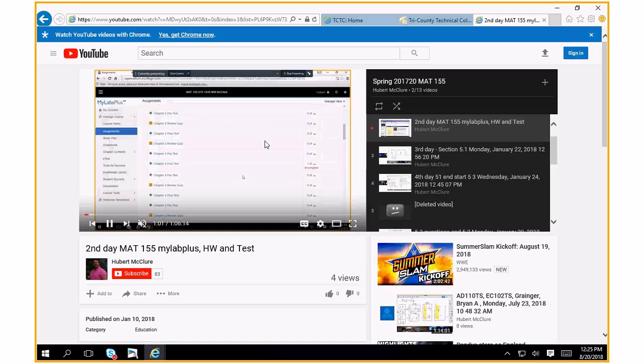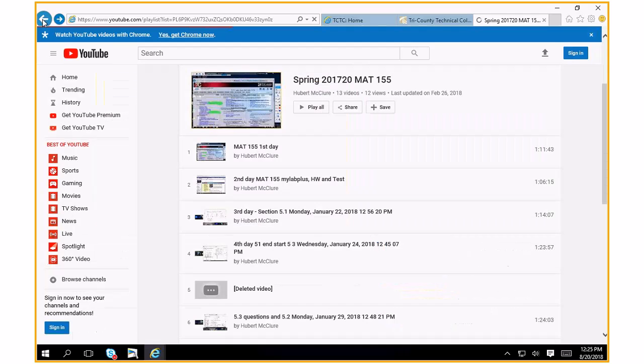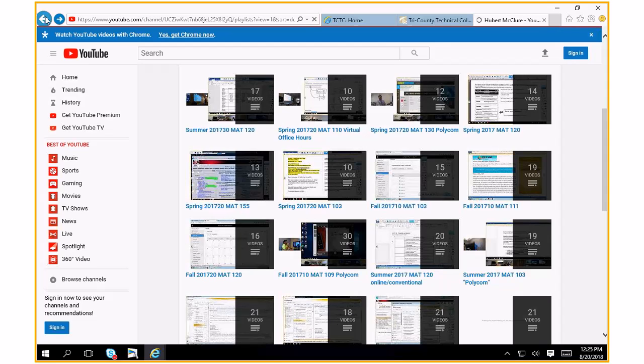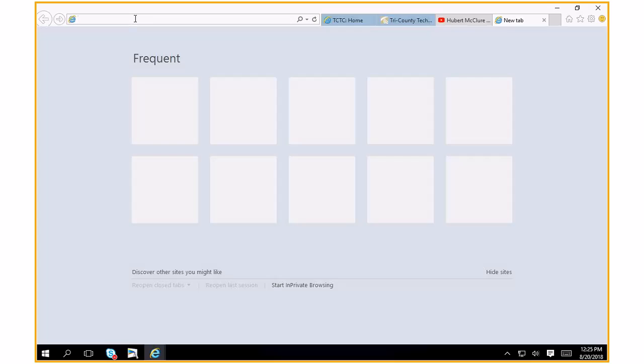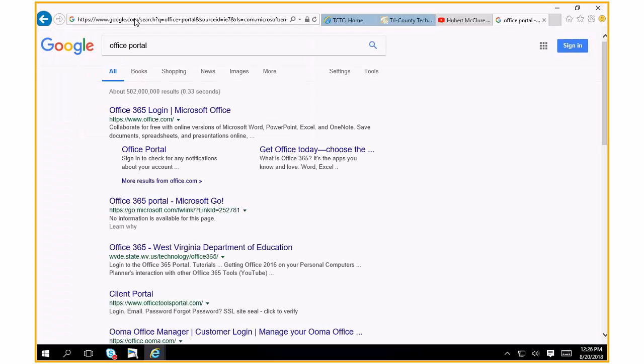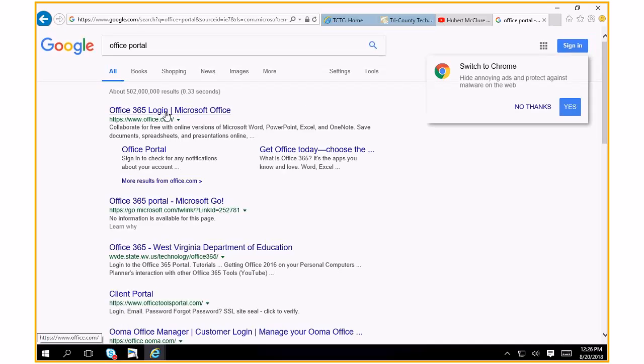All right. So that's the videos. You can actually go to the Office 365 portal. Type this in, Office portal. Click on Office 365 Login, Microsoft Office.